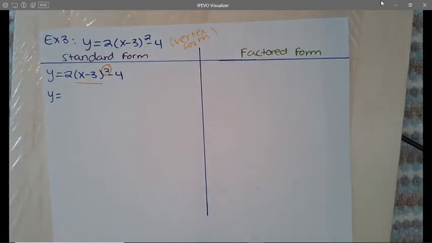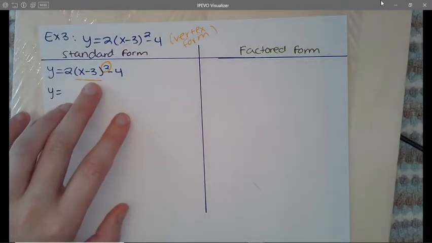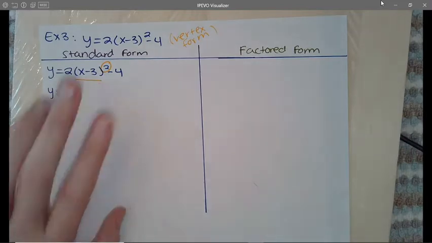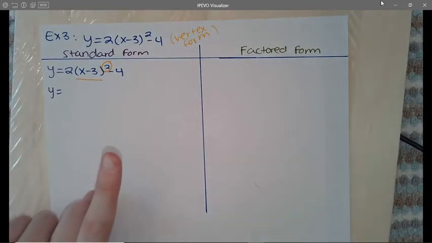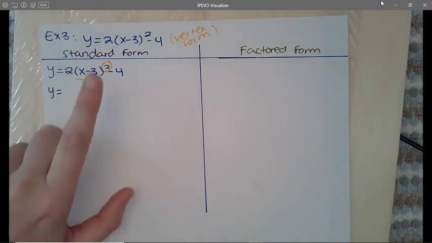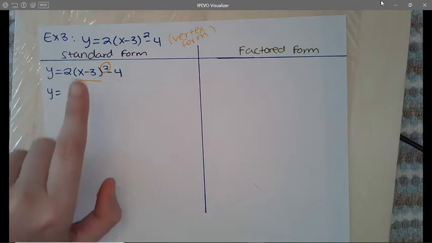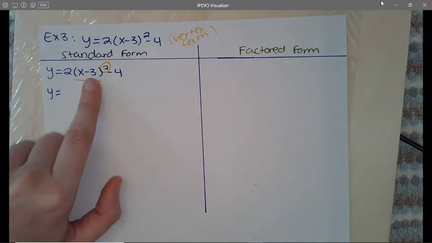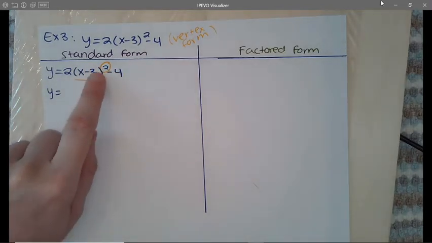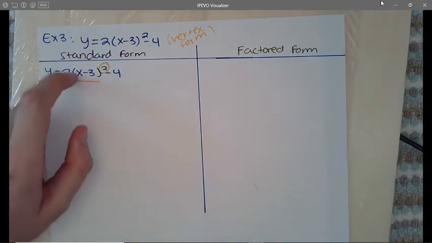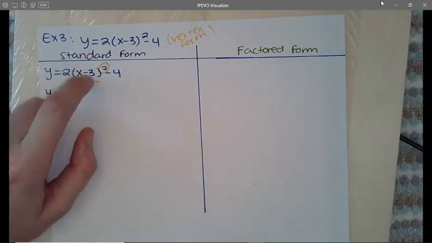Okay, so we need to square the x minus 3 parenthesis. Now, be very, very careful. The demon cats love to get people on this. When you have a binomial squared, which this is a binomial because I have 2 terms, you can never distribute the exponent to each term. Like this is not x squared and then negative 3 squared.